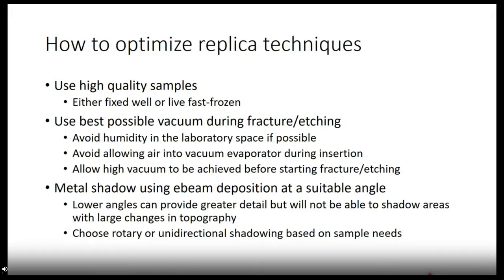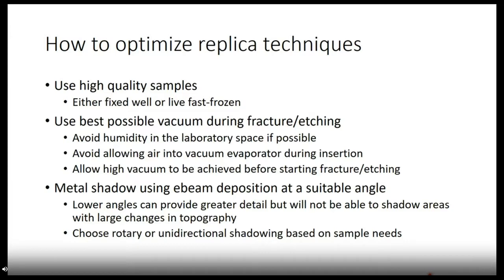We run dehumidifiers to reduce the humidity as much as possible, but there is still some. The second part is not allowing essentially air into your freeze fracture apparatus when you insert the sample. So reducing that amount of contamination is very important. It'll allow you to reach higher vacuum quicker and cause less problems with your samples.